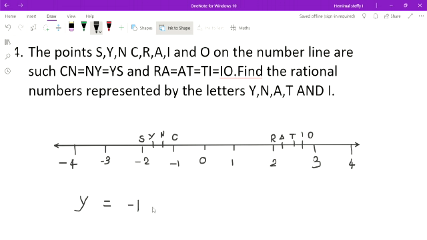The denominator, how many parts are here? 1, 2, 3. So which part are they asking? Second part. So what is the answer here? 1 3s are 3, 3 plus 2 is 5. So I have the answer 5 by 3. So what is the value of Y?